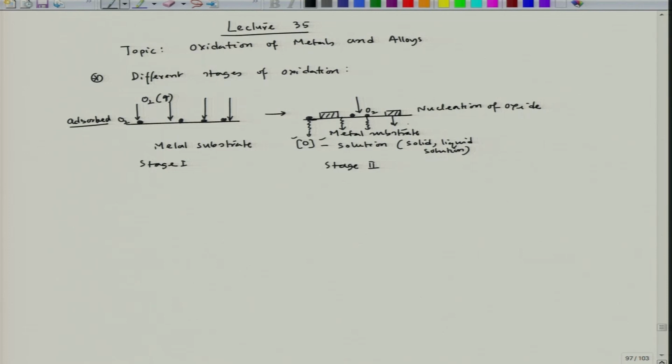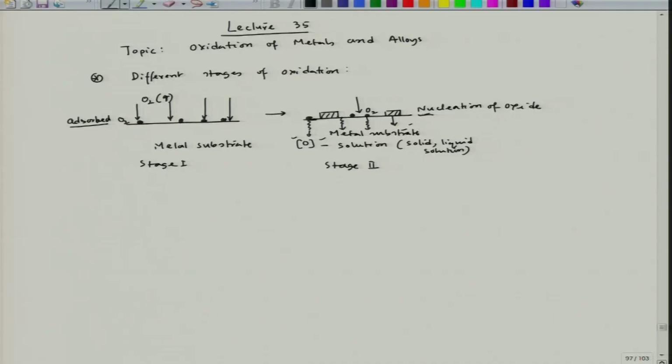So, when the dissolved oxygen goes in, if it exceeds the amount of oxygen that can be held in solid solution in that metal, then oxides can form. These oxides can form inside, at the interface between gas and metal.